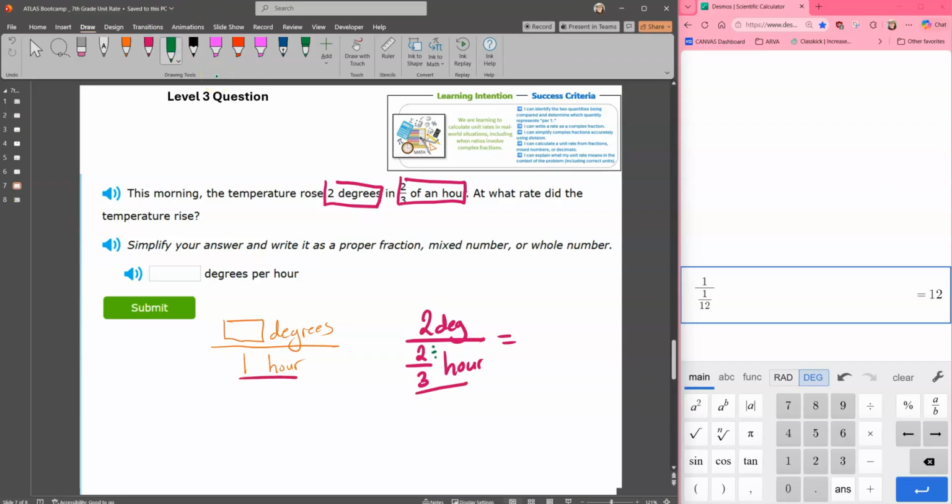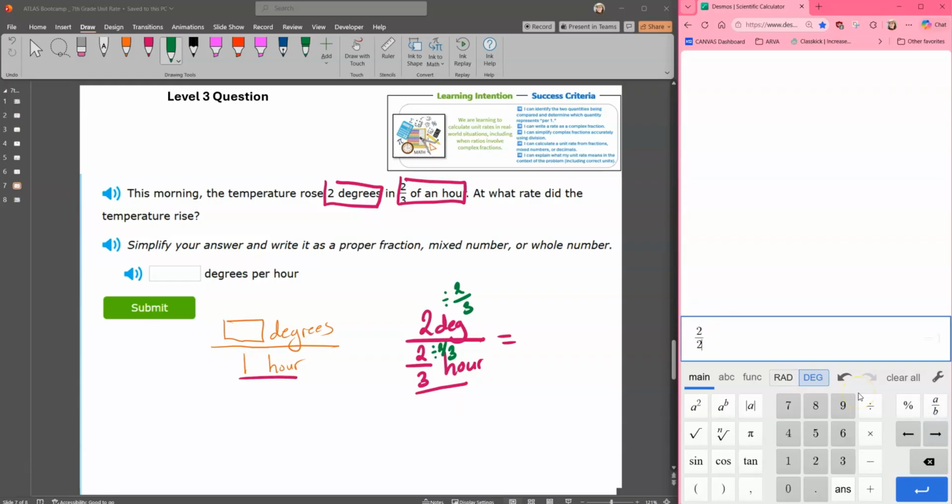Anything divided by itself is 1. But if I'm keeping it equivalent, I know I need to do the top and bottom. I need to multiply or divide the top and bottom by the same amount. So I need to figure out what is 2 divided by 2/3, which is 3.